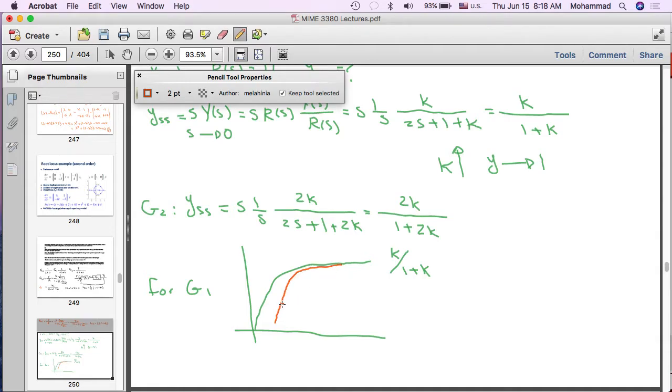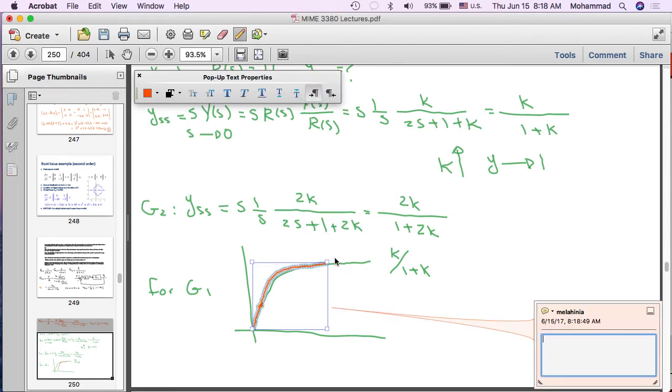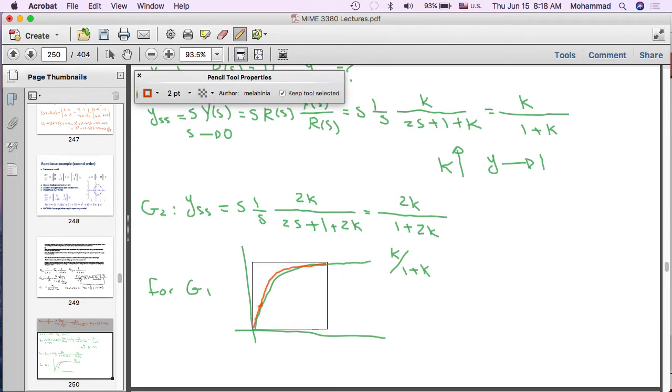So this is a faster rate of response. The fact that this is to the left shows that it basically gets to the steady state value faster.